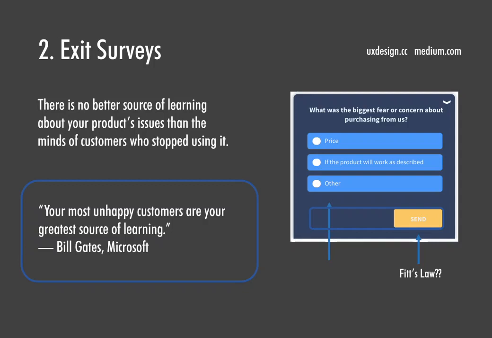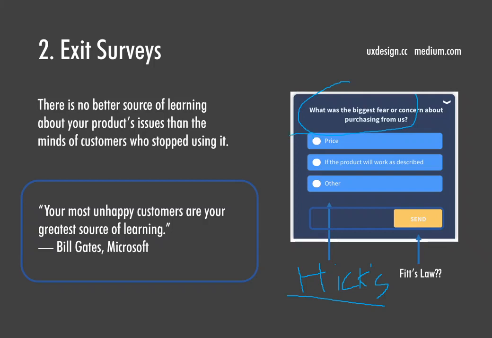Okay, see this example here. It says, what was the biggest fear or concern about purchasing from us? There are only 3 choices, for the Hick's law we've covered.